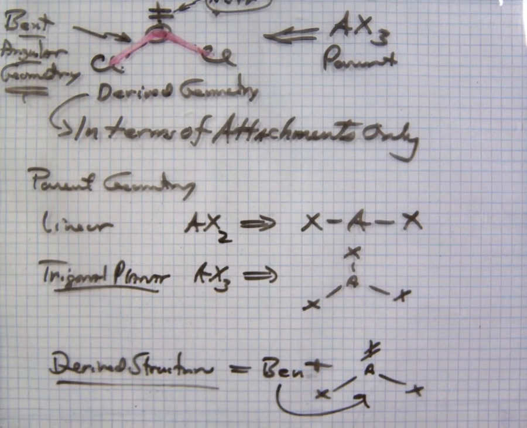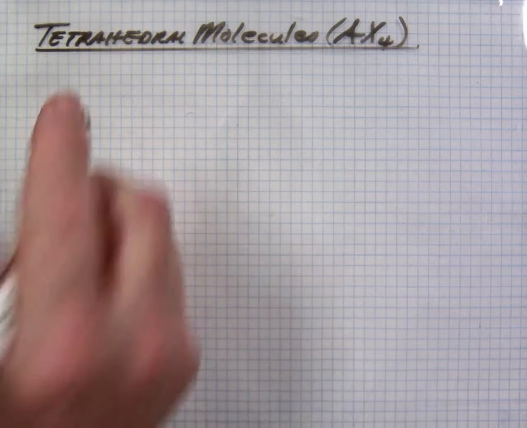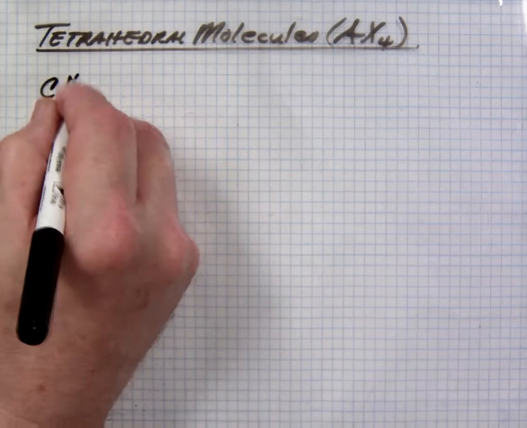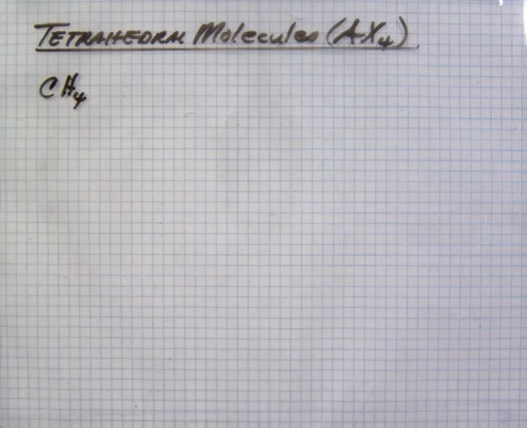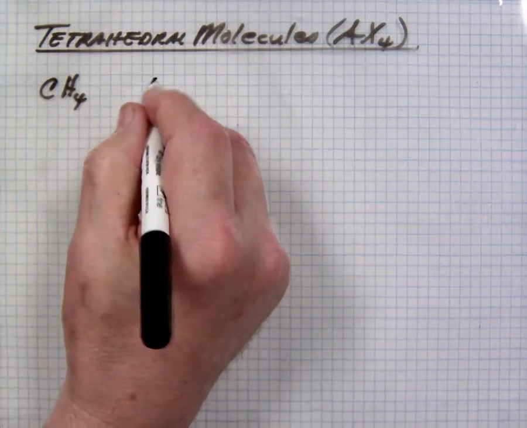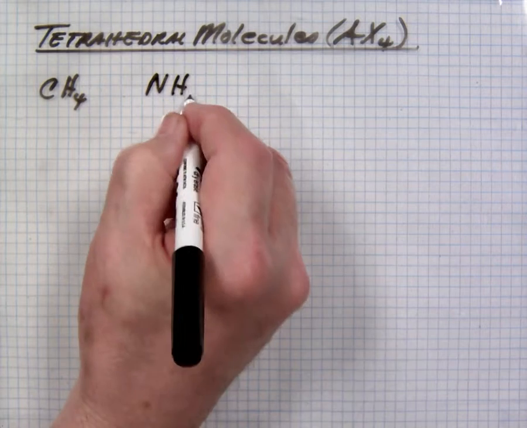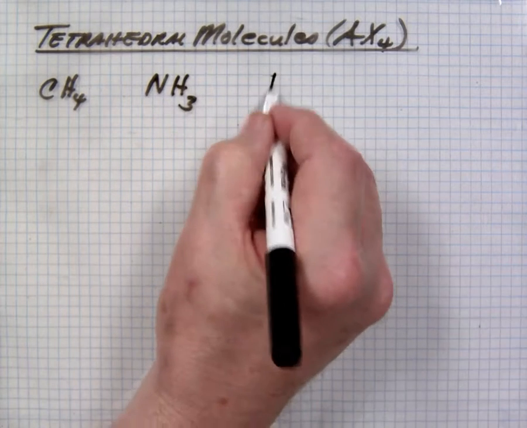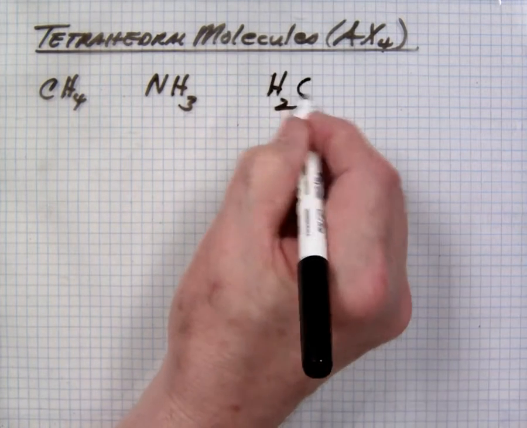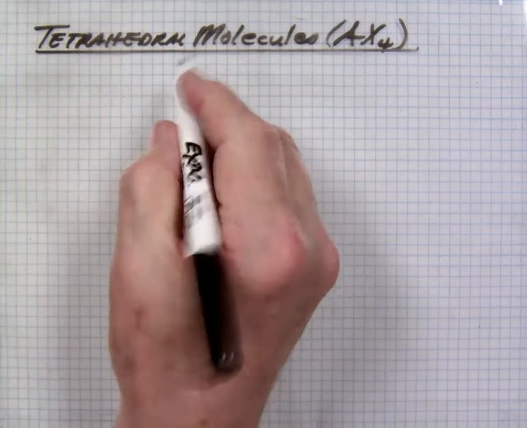We've got several more molecules to go through, and you'll see how this begins to get a little easier. Okay, AX4 molecules. Here are some examples of AX4 molecules: CH4, NH3 and H2O. I'm going to move these over a little bit.